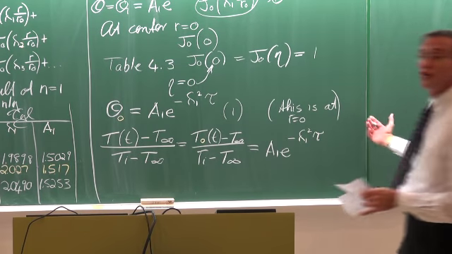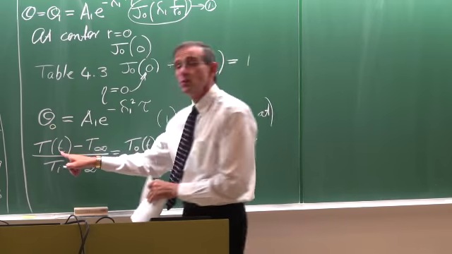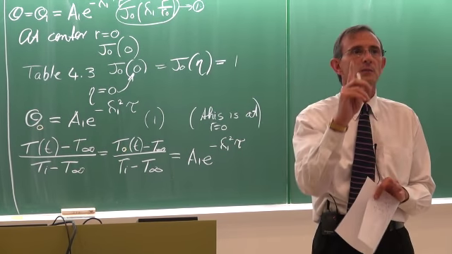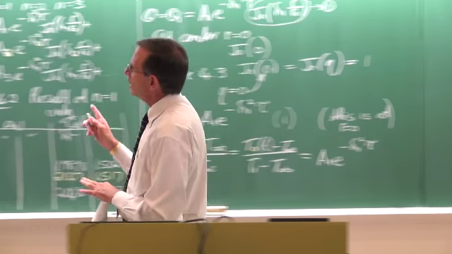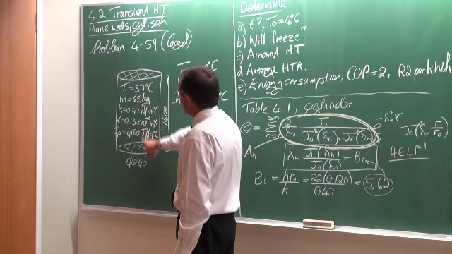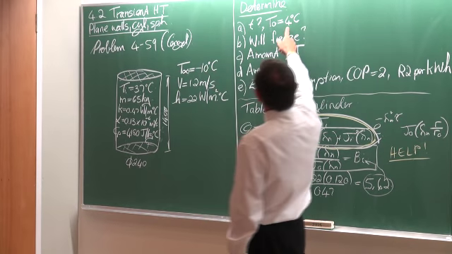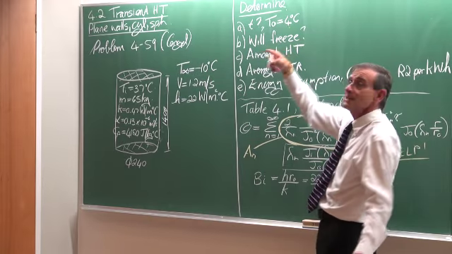So now let's go and calculate what we want to calculate. We want to know when will the temperature at the center be 4 degrees Celsius. That is the question. If we go back to what was given, the carcass was at 37, outside minus 10. Now they want to know how long will it take before the center temperature is 4 degrees Celsius.